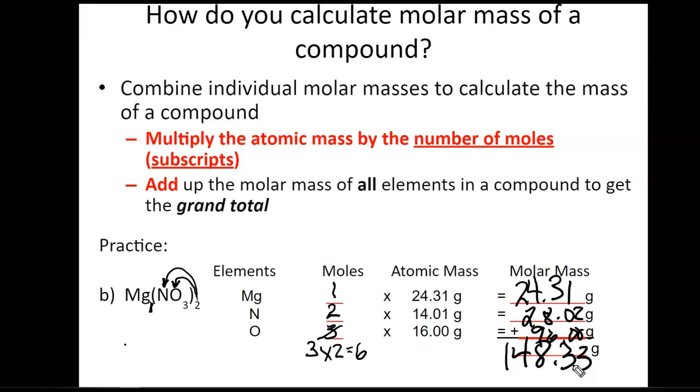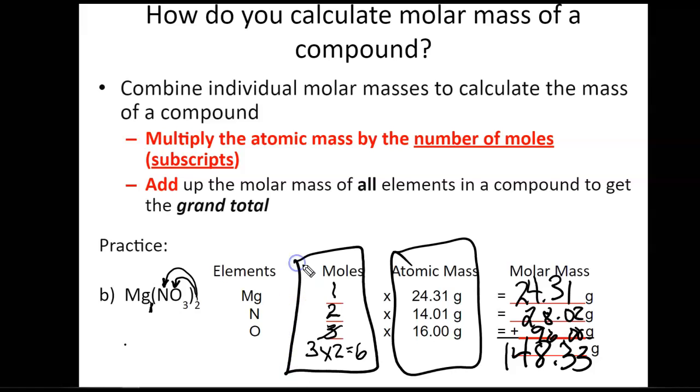Okay, so it is a good idea to make sure that not only do you check your periodic table, which is where these atomic masses came from, but that you check your subscripts and make sure that you have distributed any numbers on the outside of the parentheses to the inside of the parentheses.